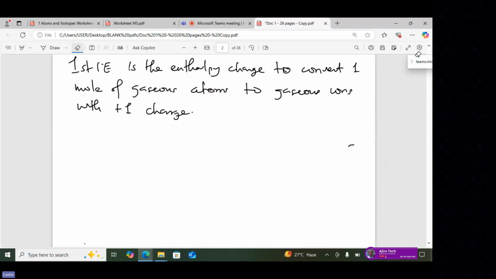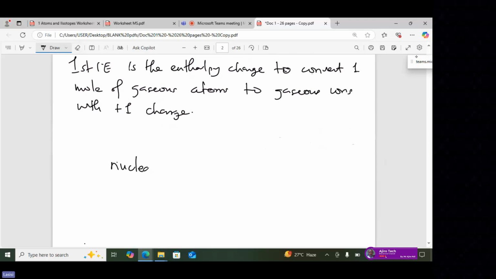So what are the factors influencing ionization energy? The nuclear charge or proton number, and then the distance of the outermost shell from the nucleus, or atomic radius. And the shielding effect. How do they vary?